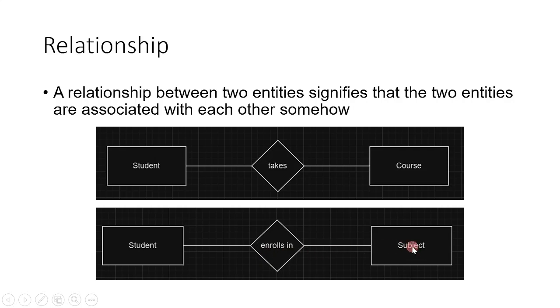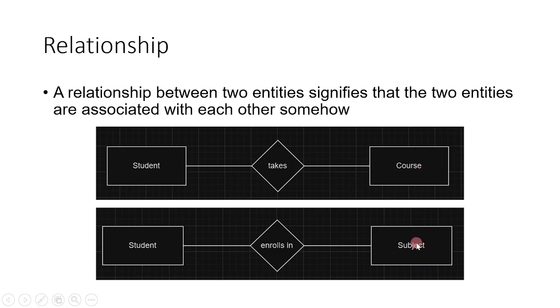So how are you going to differentiate one to many and many to many? We could say one course can be taken by many students, or one subject can be taken by many students. But vice versa, one student here can take only one course. So that's why we have one to many here.